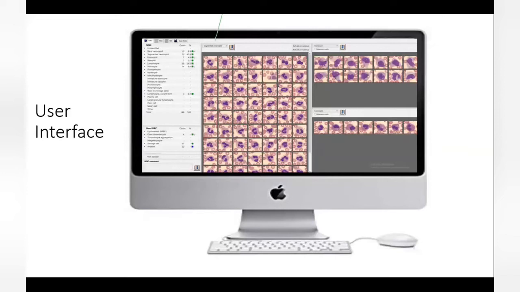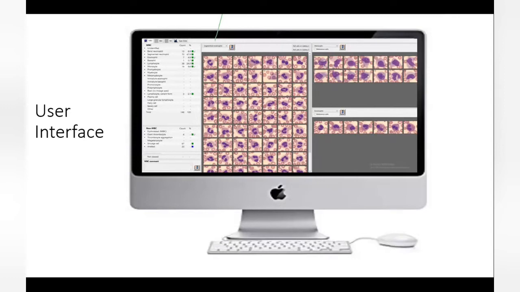So what you get at the end of the slide scanning and the machine learning is a report which the software has analyzed, telling you that neutrophils are so many, monocytes are so many, lymphocytes are so many, eosinophils are so many. Now, instead of a slide, you have this computer to analyze.